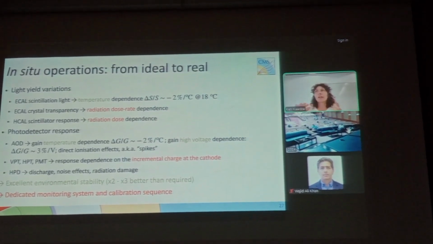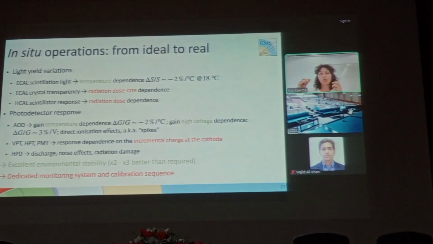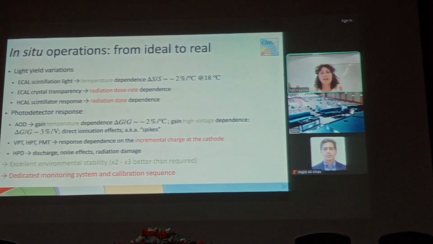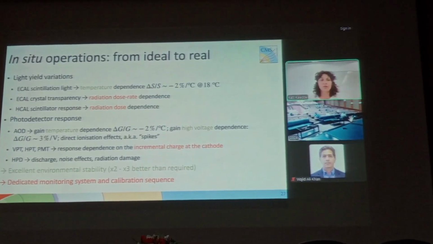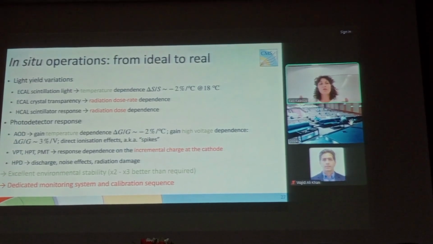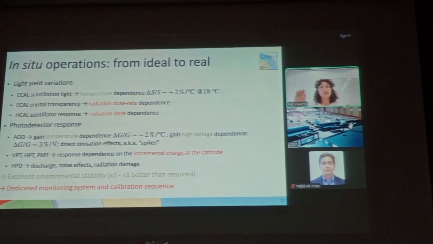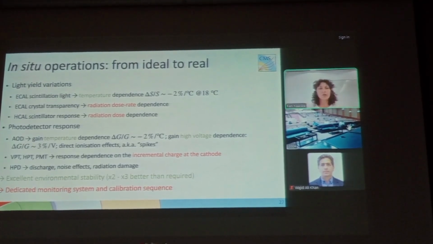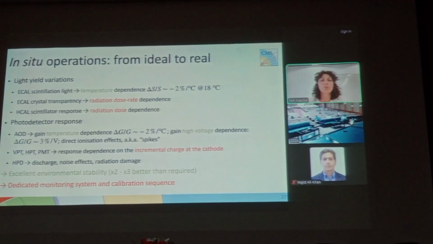Whenever, for example, radiation damage makes the crystals darken and darken, the signal that we read out is changing, but it is still produced by the same type of photon, for example, coming from a Higgs. So we need to add an additional correction with time so that this effect is removed and we can still reconstruct the original energy of the photon produced from a Higgs, or an electron produced from a W, for example.